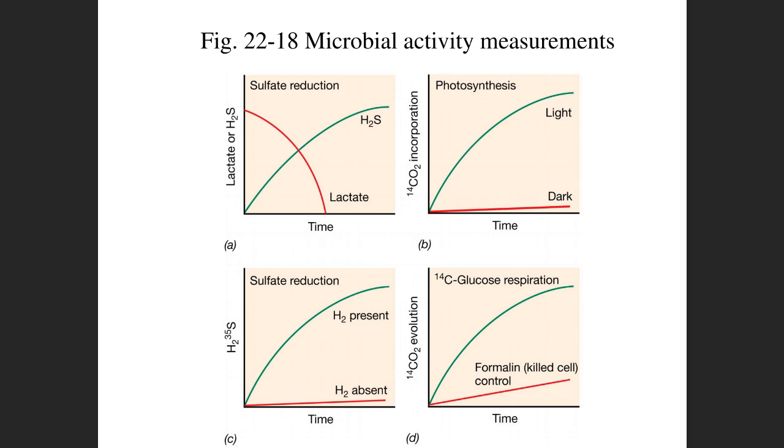If you measure CO2 incorporation, you can see with the light, you can measure the CO2 uptake with light. You can actually see carbon gets incorporated, right? And you can also measure the hydrogen and all these other chemicals, right?